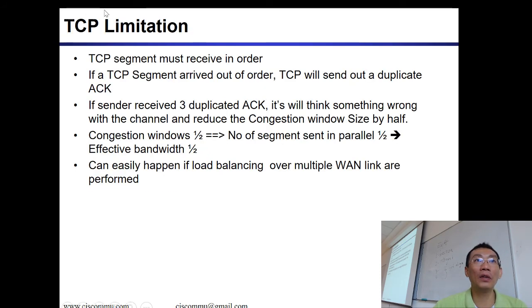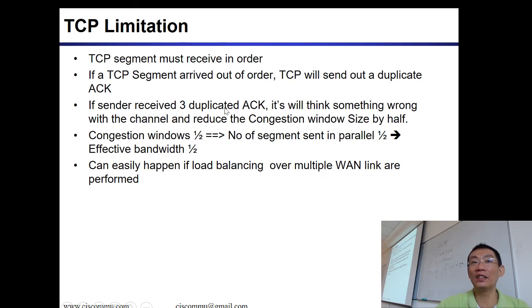One of the limitations of TCP is that TCP segments must arrive in order. If you send 1, 2, 3, you should receive 1, 2, 3. Not to say you must, but it's preferable. If TCP segments arrive out of order, the TCP may send out a duplicate ACK.